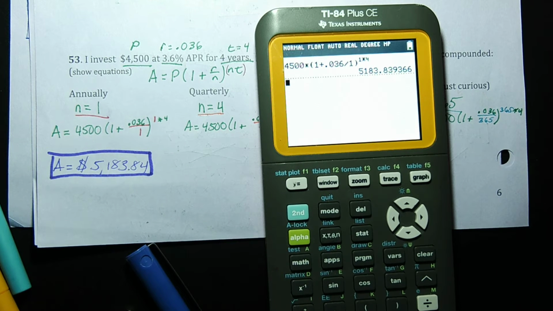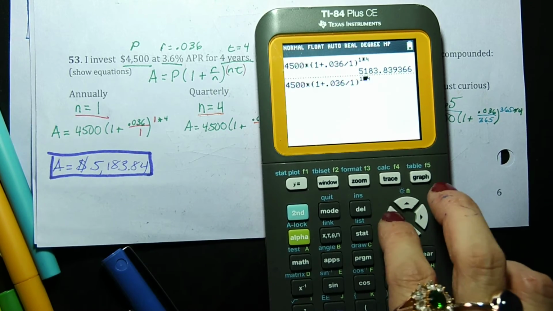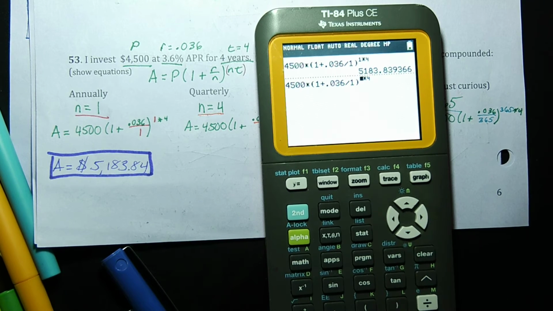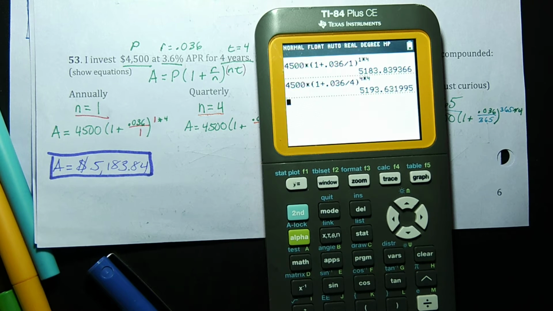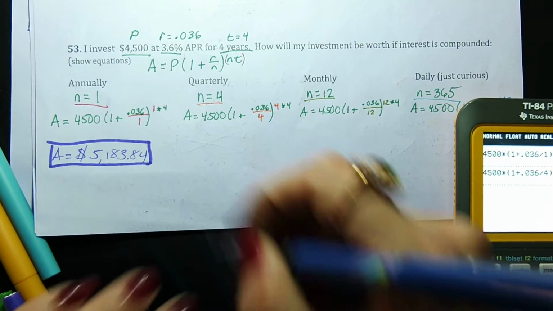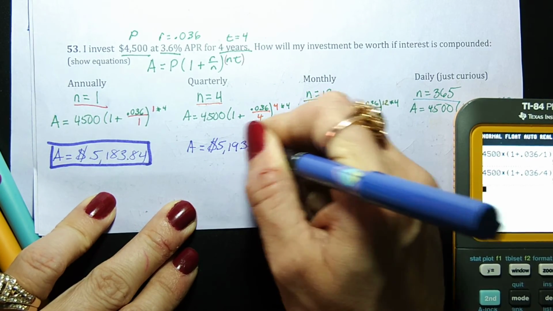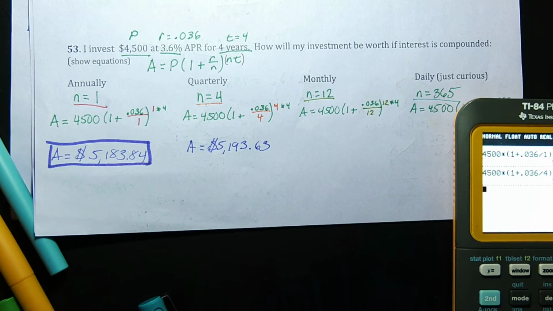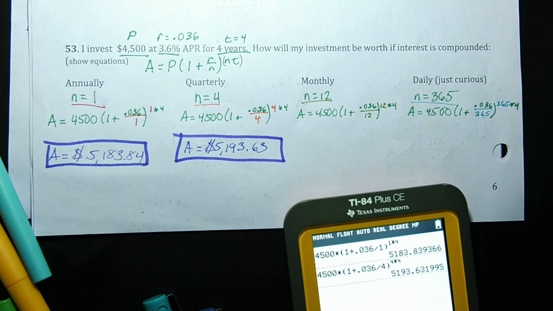So the interest should go up. So this amount should be slightly higher when it's compounded 4 times. So 4 times 4 and divided by 4. We're changing the n number. So $5,193.63. So I will leave you guys to finish the monthly and the daily. Just realize that it should be going up each time.